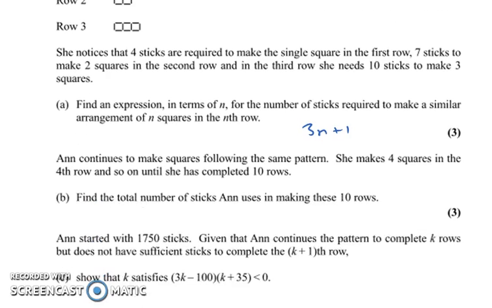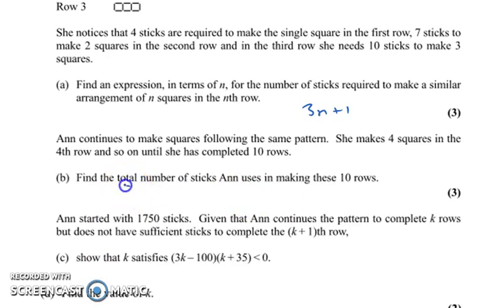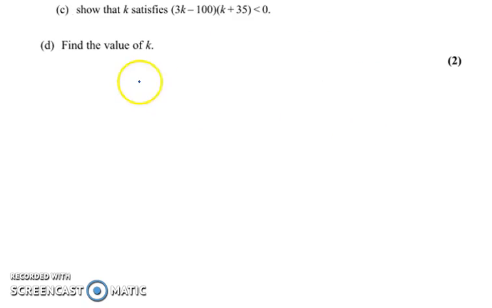Part B says the total number. It wants the total number for making 10 rows. So we're going to use S_n equals n over 2 (2a add (n minus 1)d). And the numbers we're going to stick in for part B, we've got the first term is 4, the common difference is 3, and 10 rows, n is 10.